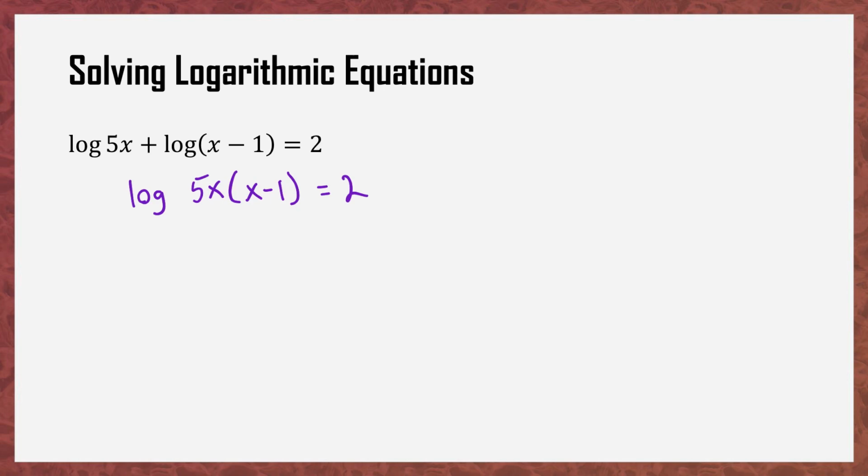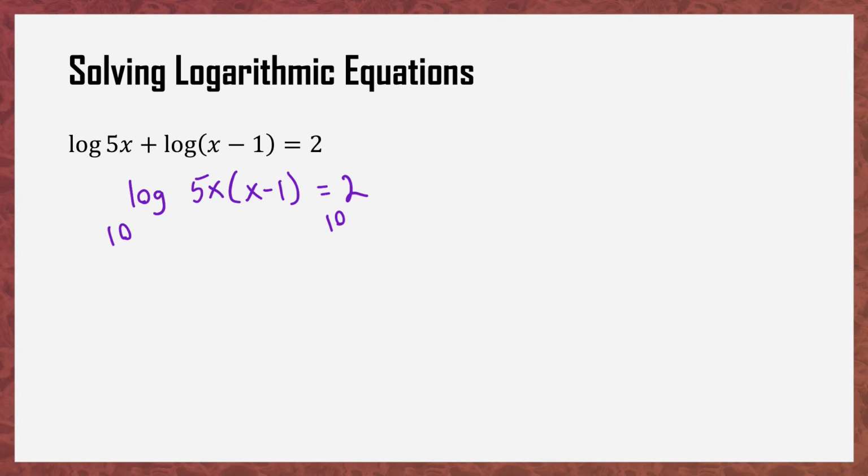Now, remember, if there's nothing there, it's really a 10. So I can raise both sides to be like a power of 10. This is going to be great. So that becomes a power of 10, and this becomes a power of 10. So 10 to the power of log of 5x times (x minus 1) equals 10 squared.